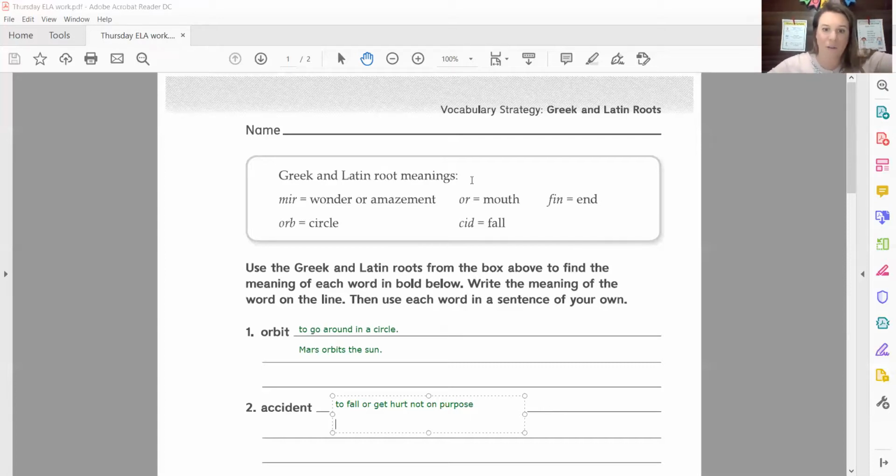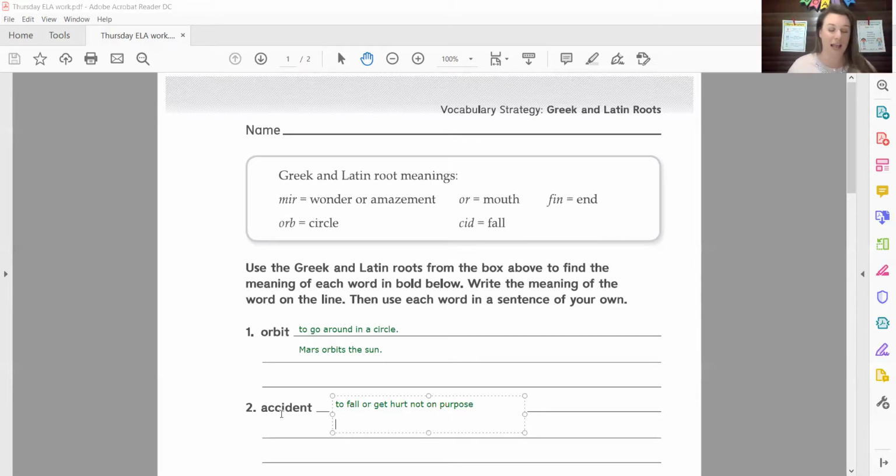All right, so to fall or get hurt not on purpose, from what I read in John Glenn's story, and from looking at this Latin word they gave me, the meaning of the root word, putting them together and using our context clues to think about it. This whole word isn't Latin, only a little part of it, because some of our words do come from Greek and Latin, but not the whole word. So by using your context clues and what you know from the Greek or Latin, you can make out what it means.